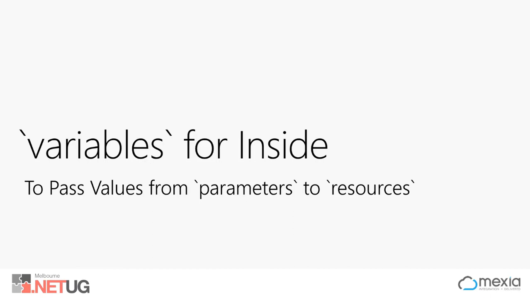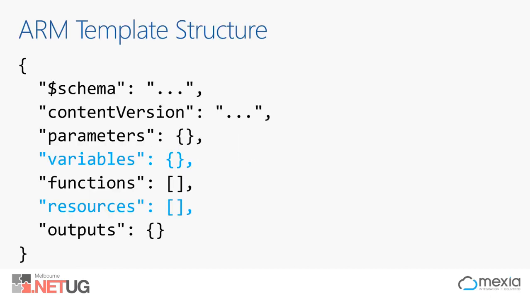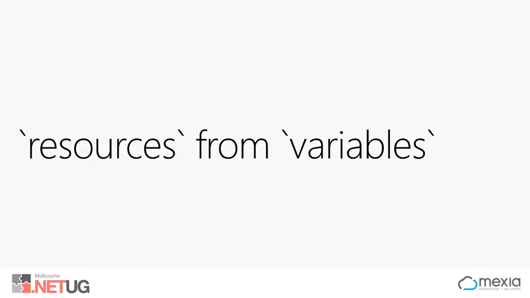The reason behind this is, if we use the parameter values in the resources section and something goes wrong, then we have to scroll all the way up to the parameter section, and if we find something wrong, then we have to scroll all the way down to the resources section to fix it. So it's very inefficient.